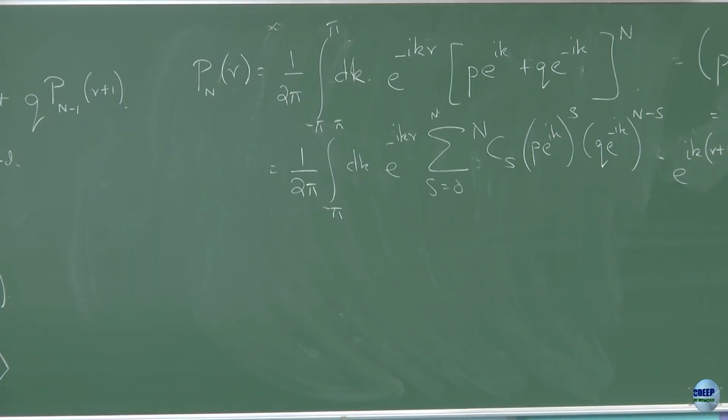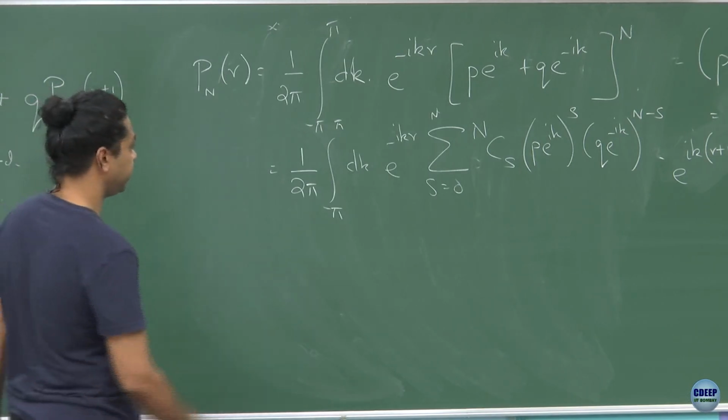So what I want to do is separate out my terms which don't depend on k.